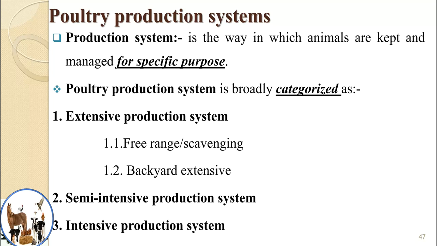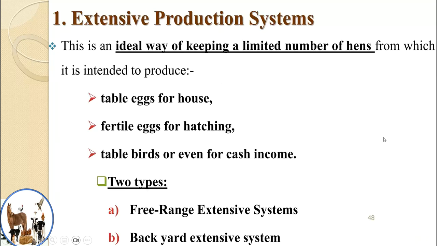The second one is the semi-intensive production system. The third one is the intensive production system.